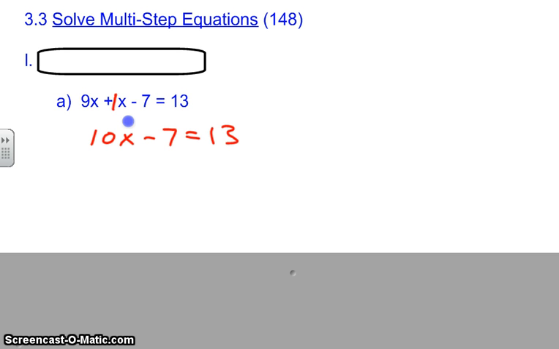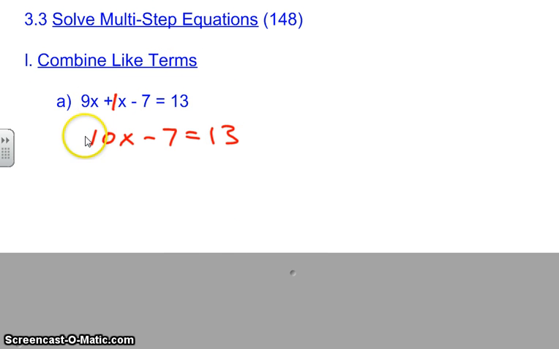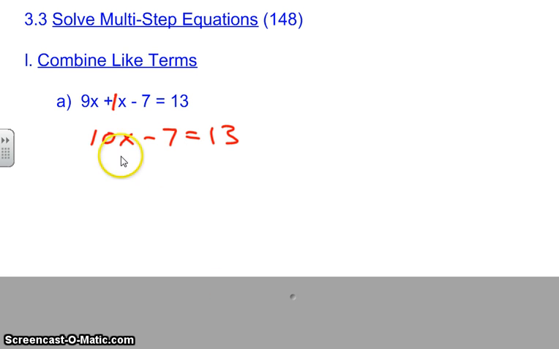All right. So that first step is something you're going to see a lot today, and we call that combining what? Like terms. Okay, so we're going to combine like terms, and then we're right back where we were yesterday in a two-step equation. So we'll undo operations in reverse PEMDAS order.